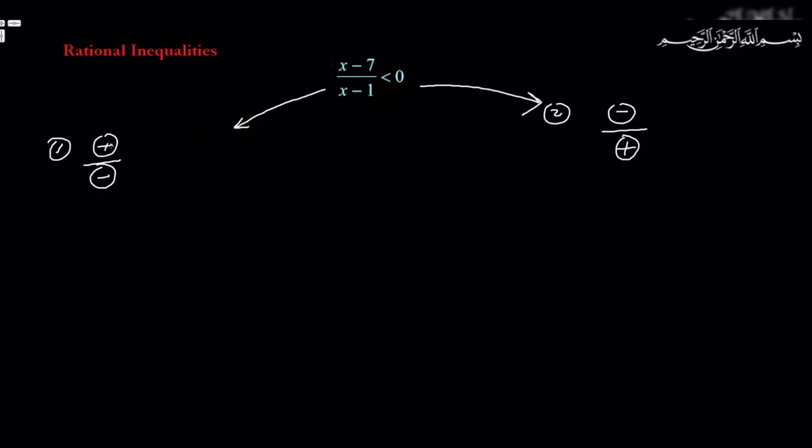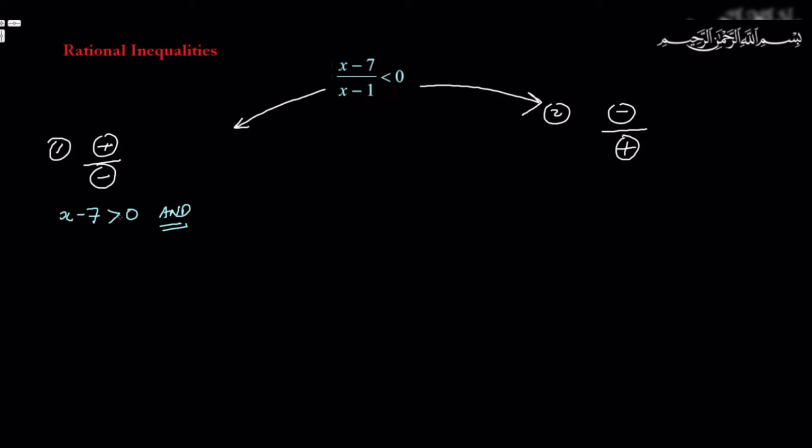Okay, so what does it mean for the numerator to be positive? For this to be positive, as I suggested before, that basically means that x - 7, if it's meant to be positive, must be greater than 0. Correct? And for this inequality to be satisfied, the numerator must be positive and the denominator must be negative.